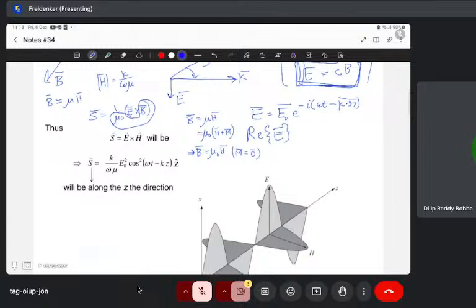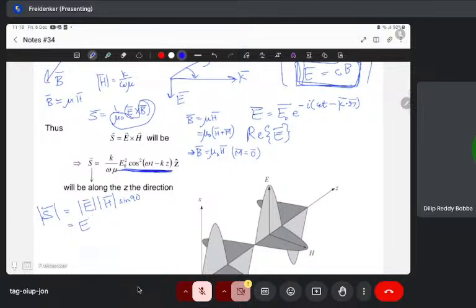What are the changes? You're just squaring the E now, because if you look at the magnitude, you'll get E magnitude and H magnitude, and since they are perpendicular, sine 90 is fine. And H magnitude, I'll write simply now.